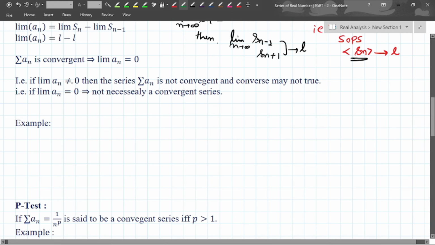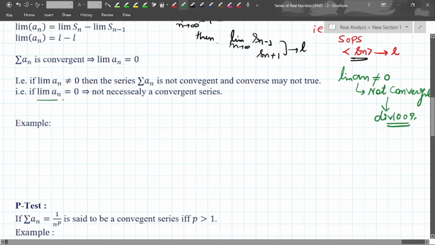So if this is not equal to 0, then we can say that it is not convergent. But from here we can say that if it is 0, it is not necessarily convergent. There is a big difference here. If the limit of an is not equal to 0, then I can say it is a 100% divergent series.